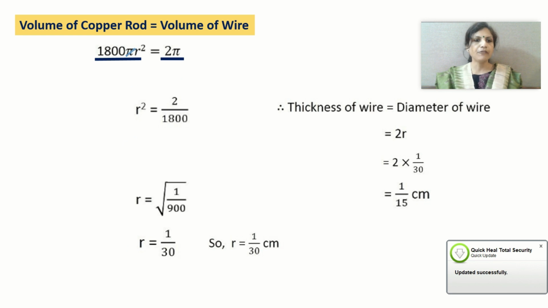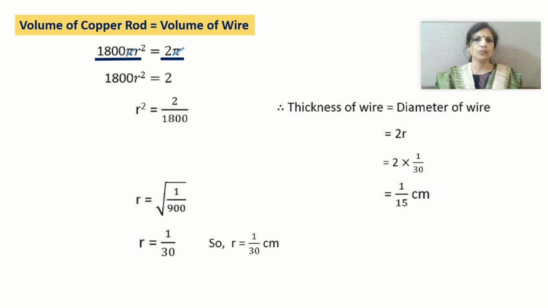So what we are left with is 1800 r square is equal to 2. From this we can find out the value of radius of the wire. So r square is equal to 2 upon 1800. This 2 and 18 you can cancel. So 2 nines are 18.